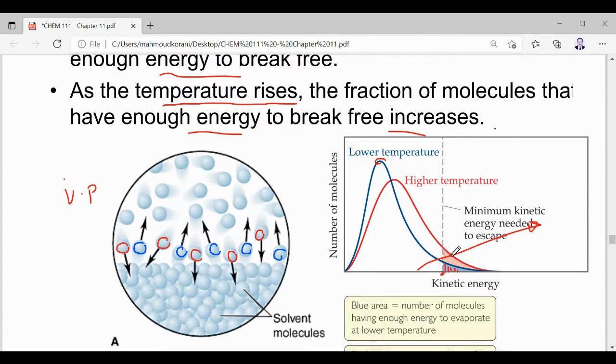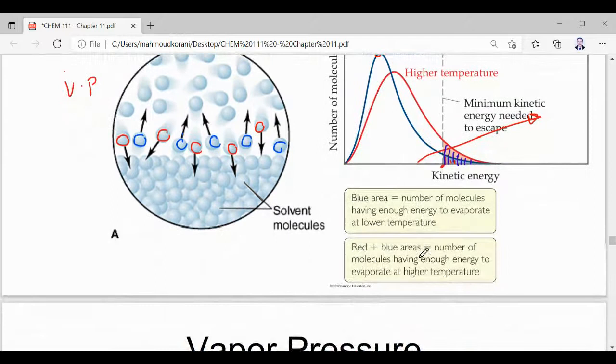The area under that red curve, which is the whole area, these are the molecules that already escaped, it's higher than in the case of the blue one at lower temperature. So the average kinetic energy increases, and the rate of vaporization increases with increasing temperature.